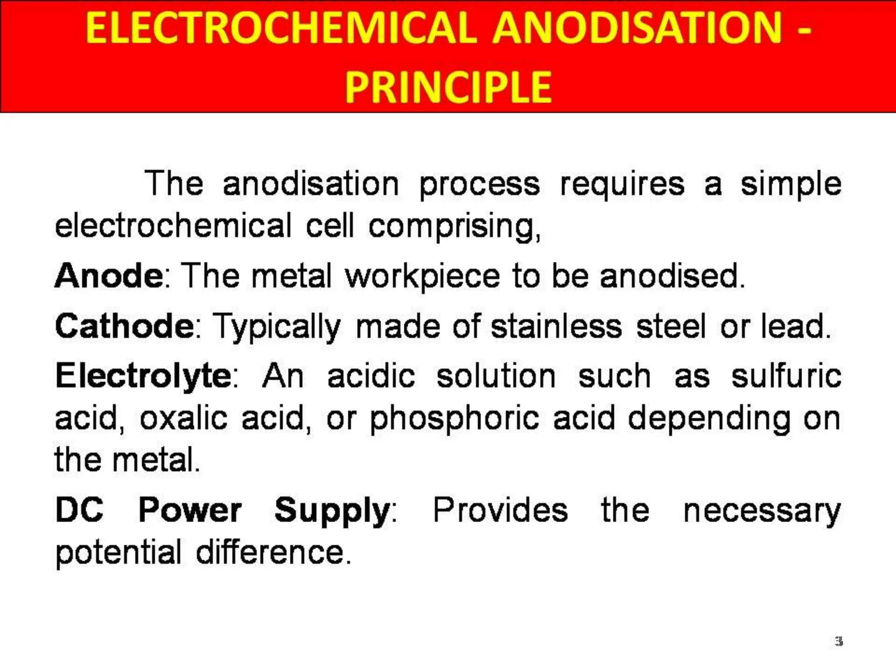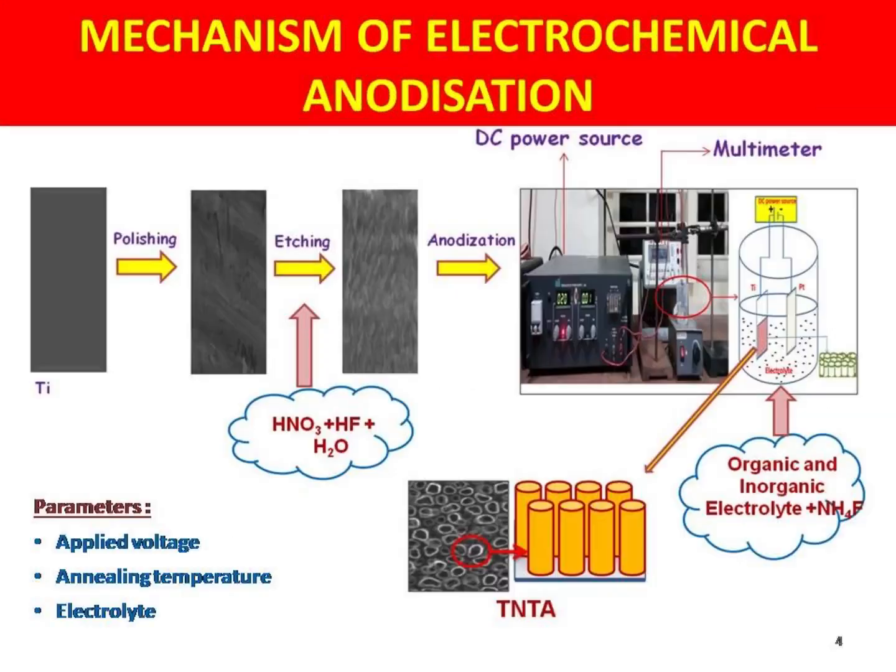The cathode will typically be made of stainless steel, lead or platinum, and the electrolyte consists of an acidic solution like sulfuric acid, oxalic acid or phosphoric acid, depending on the metal. The instrument used for the anodization technique is a DC power source. It provides the necessary potential difference.